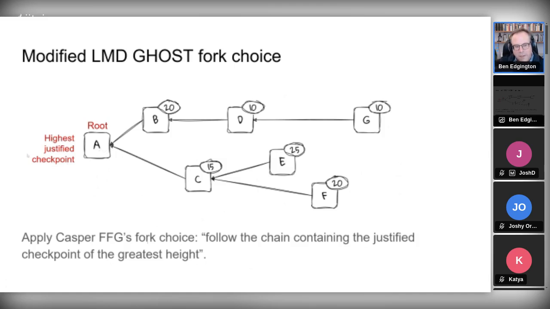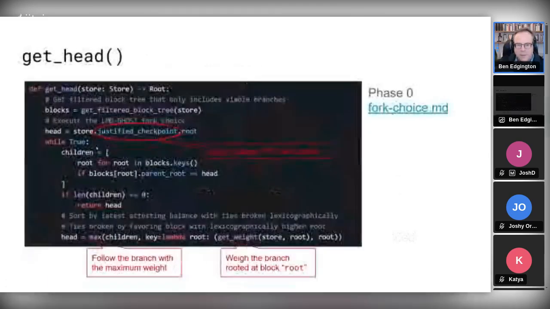The highest finalized would be earlier than this, but we've already committed as a node to never reverting block A because it's justified. So we can start there. There won't be any other branches that are interesting that we need to explore. So that's basically it. When we run LMD Ghost, we just start from the highest justified checkpoint. And that explains where this comes from. We looked at the get head function previously, and this is the root where we start our search when we run the get head algorithm. We apply the Gasper FFG fork choice rule, and there it is.